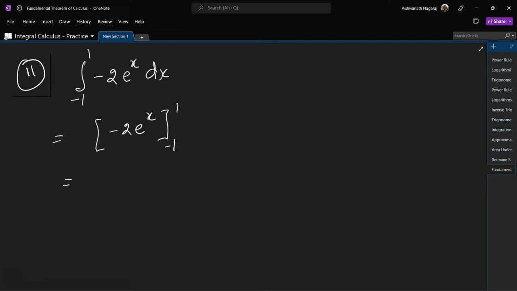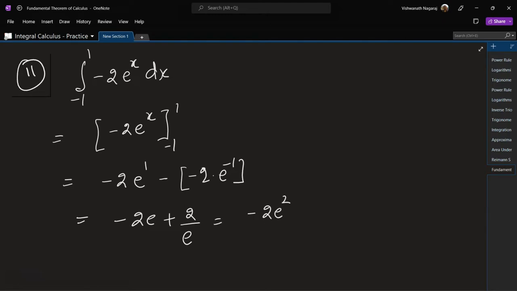Pretty straightforward, which gives us, minus 2 is a constant, it doesn't impact, e to the power of 1 minus 2 e to the power of minus 1, which gives us minus 2e plus 2 by e, or we can write it as minus 2 times e square plus 1 by e. So that is the definite integral.